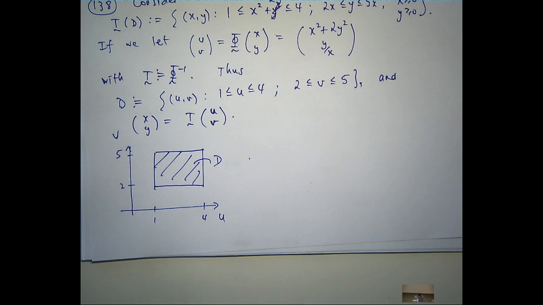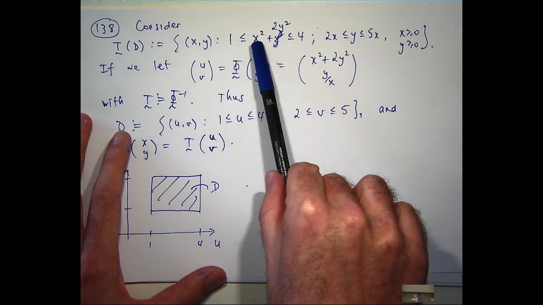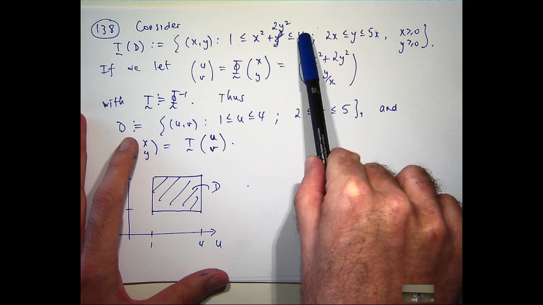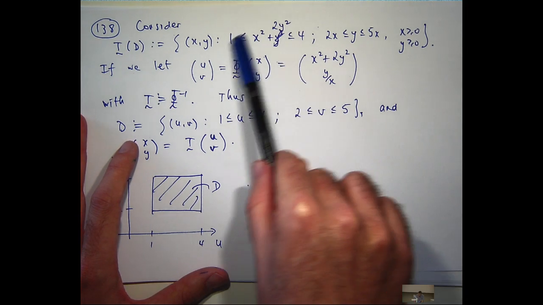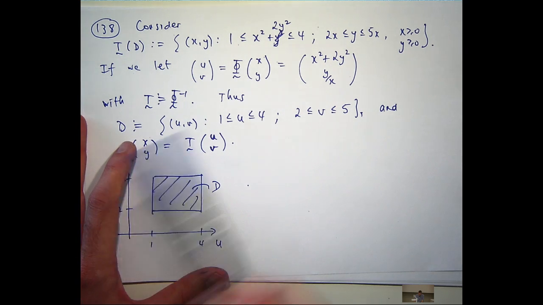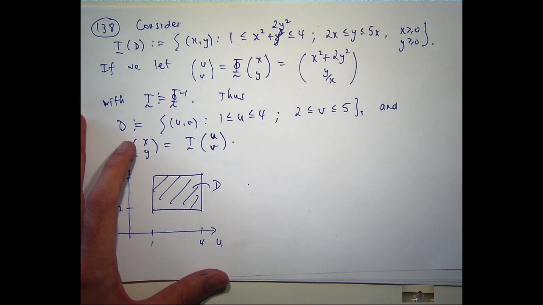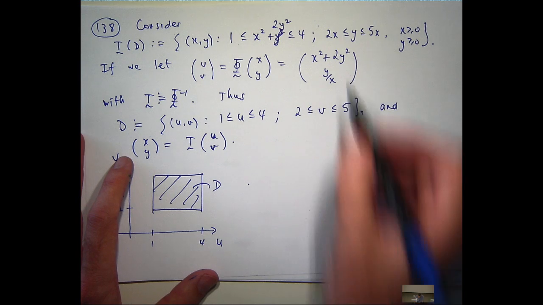Now, what does it look like in the xy plane? Well, let's look at the boundaries. Here I've got x squared plus 2y squared equals 4. That's going to be an ellipse. x squared plus 2y squared equals 1. That's going to be an ellipse. And these other curves are just going to be straight lines.